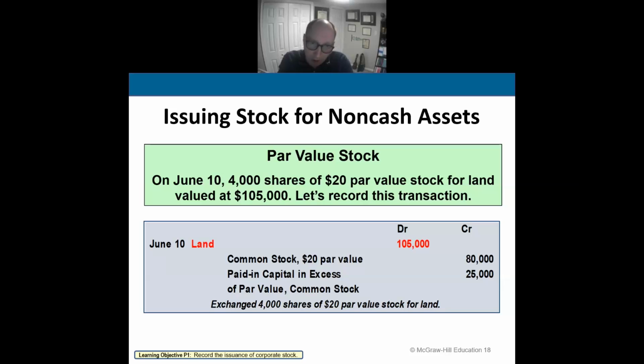How? Par value times number of shares. The difference is what we call paid-in capital in excess of the par value. In this example, 25,000. And you can always find that difference, right? Just taking the value of the land minus the common stock at par value.